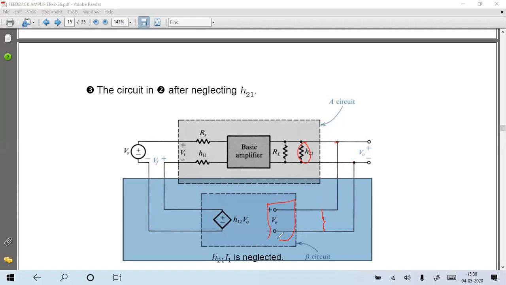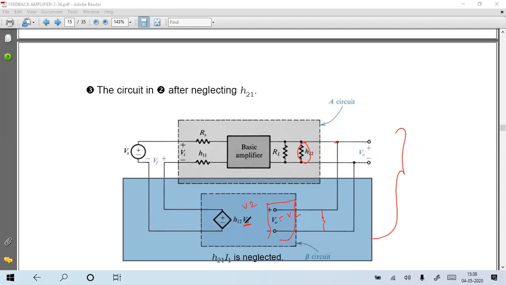Next, on the left hand side, you see H11, I am moving to the input side of the feedback amplifier. Next I am left with only the voltage source H12 V0. So V0 is nothing but V2. Here also V0 is nothing but V2. Now this network is compared with the ideal network. The ideal network is also similar to this, with V0 plus beta into V0 there.